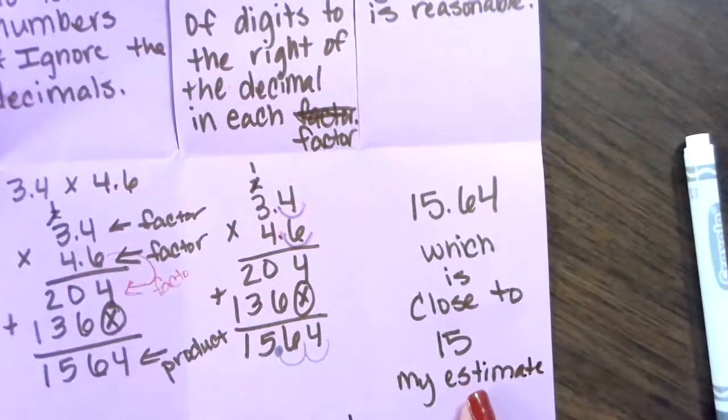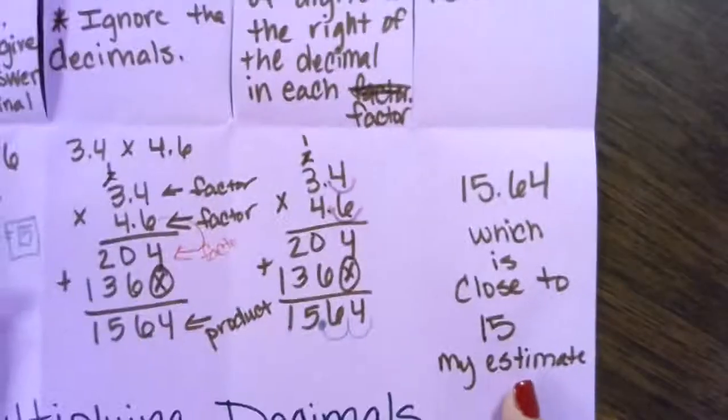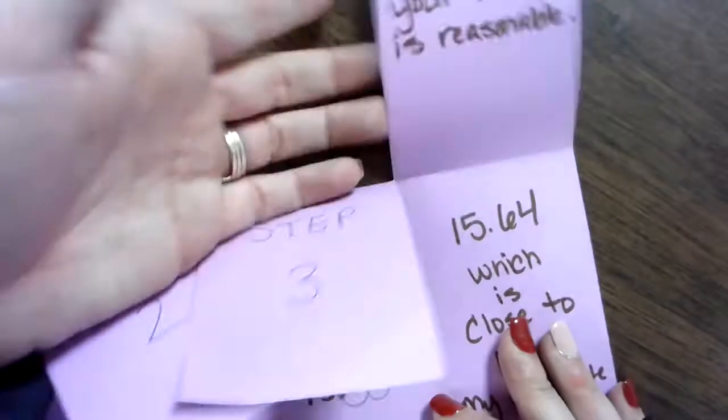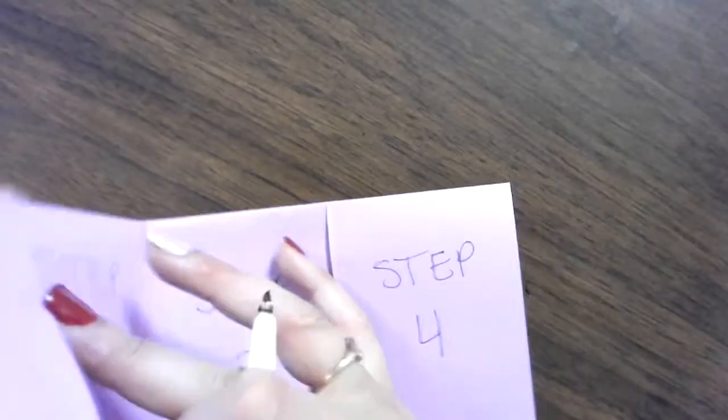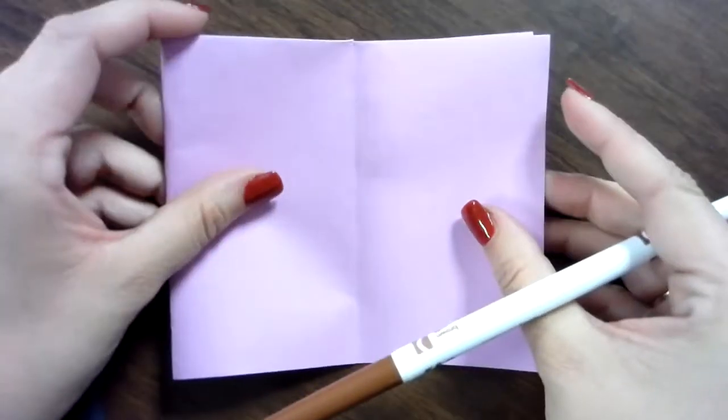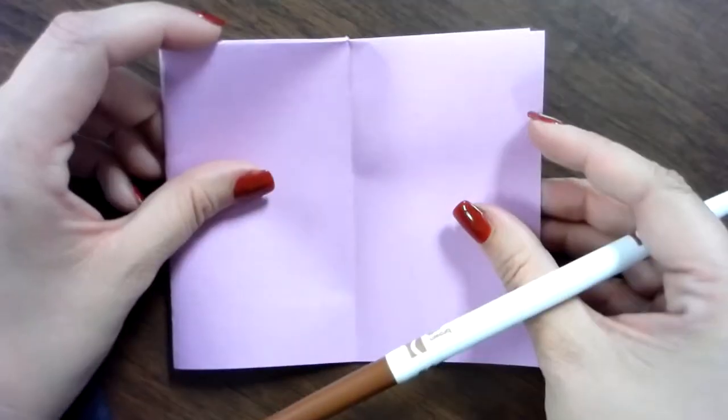And again, we came up with our estimate by rounding, okay? You are going to close this foldable like this, fold it over neatly, and then this is going to be glued on the back, glued into your math log in the foldable section, and it's going to be labeled multiplying decimals. So go ahead and glue that into your math log, and then go to your brown sheet of paper for me.